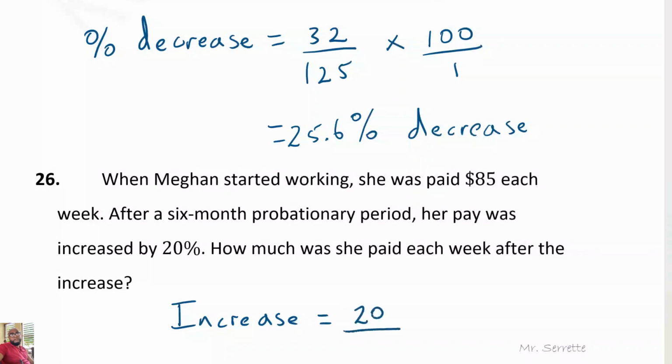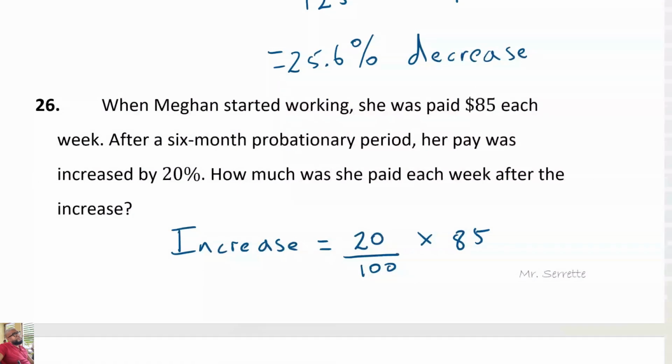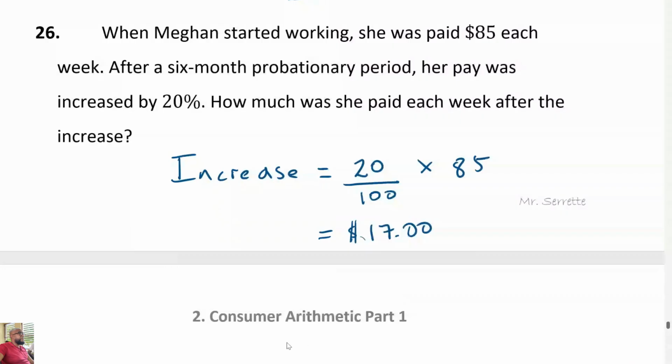So it will be 20 over 100 multiplied by what is the salary right now? 85, right? So what's the increase? How much is the salary going up by? 17, right? This is $17. So that's how much it went up by.